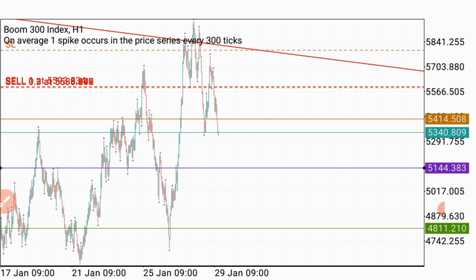So how do you trade these pairs profitably? Talking about Boom 300 and Crash 300, it's very simple and highly profitable, and I am on it already, just as you can see.